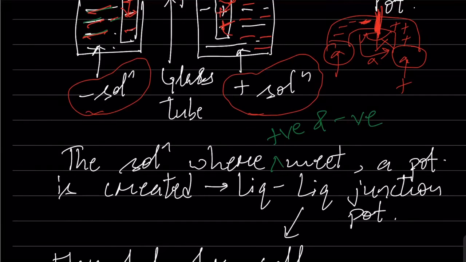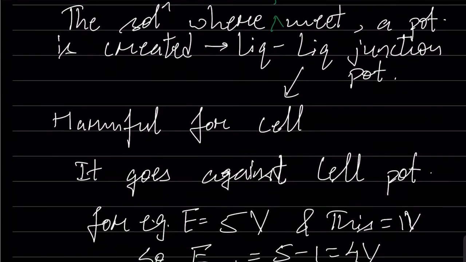Why is it harmful? Because now it stops. The charges are not migrating, and if the charges are not migrating, it means the circuit is not completed. So a reverse potential difference is generated. This reverse potential prohibits the voltmeter from giving its full reading. How? Let us see.